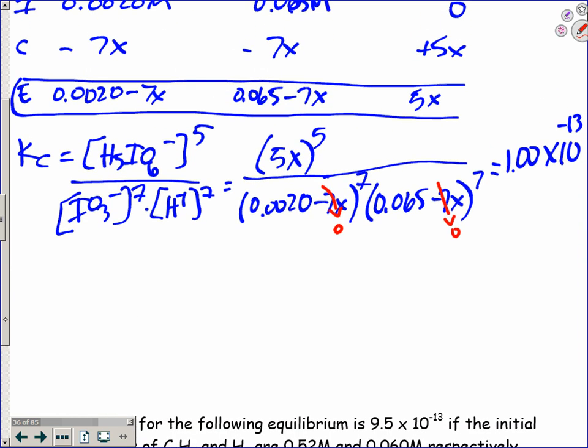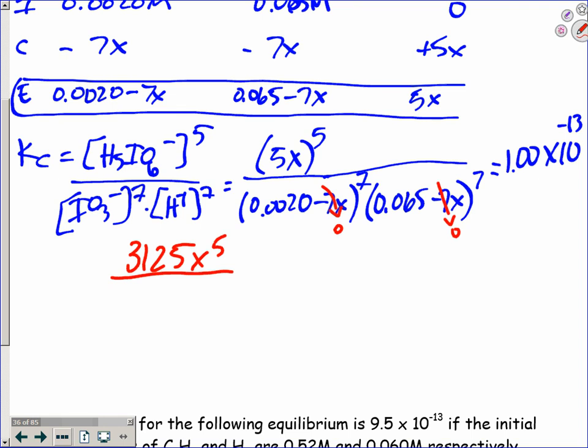So simplify. What do I have? What's 5 to the 5th? 5 to the 5th, 3125. x to the 5th. Thank you. So I just have fifth of that one. And then this value to the 7th, this value to the 7th.